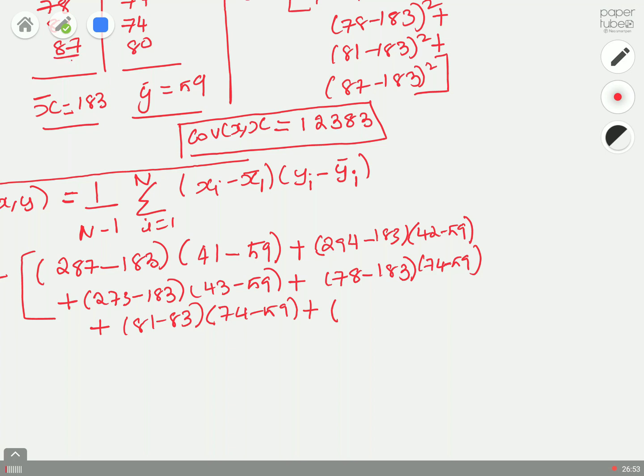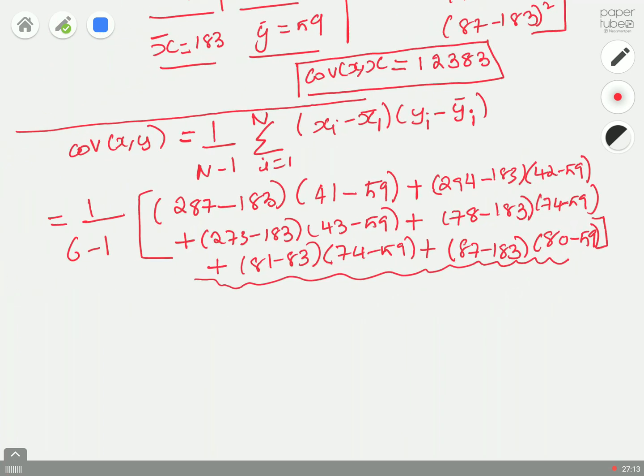You have 87 minus the average of x, which is 183, multiplied by the last value in y, 80, minus the average of all the y, which is 59 again. So you sum all these values and multiply it by 1 divided by 6 minus 1.